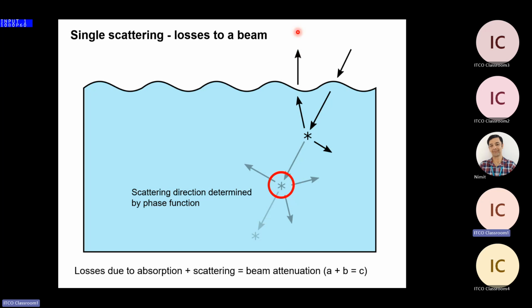So what you would really see is the light coming in and a lot of it scattering in forward directions, some of it coming off at these angles, but really scattering is predominantly pushing the light more forward. That's determined by the phase function. So here are your three key IOPs: the scattering coefficient b, the absorption coefficient a, and the phase function, which determines the direction of scattering when it occurs.